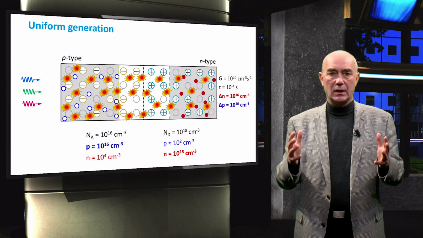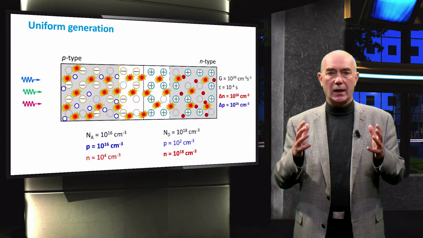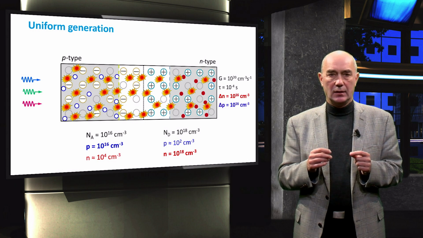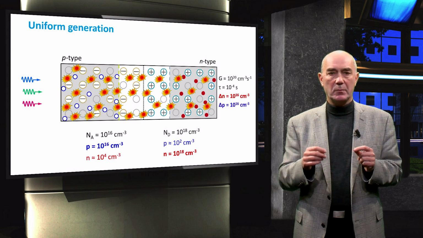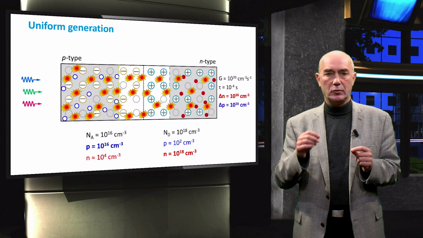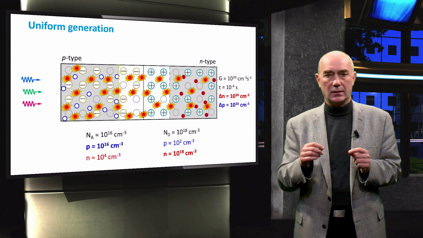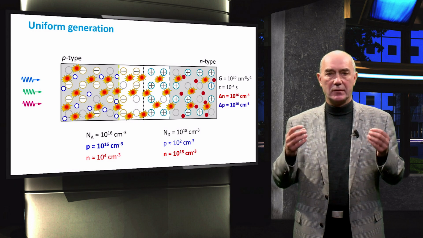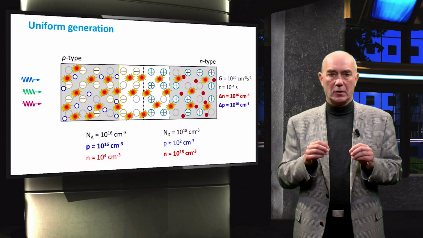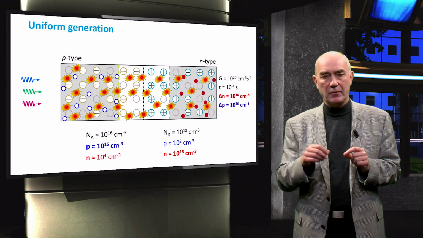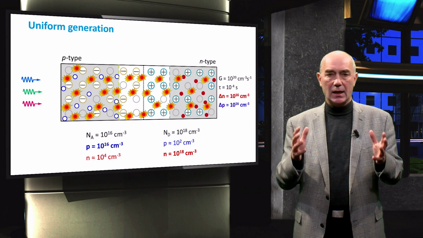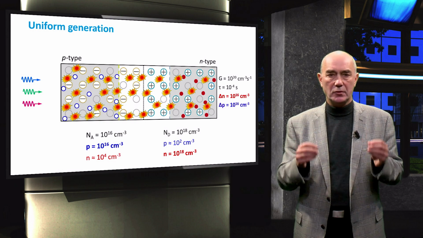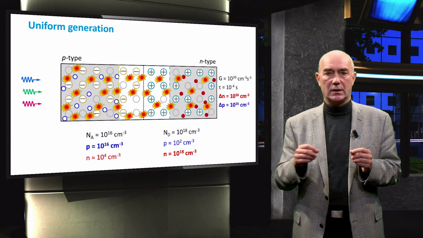We assume that we have a material of good electronic quality. This is reflected by the lifetime of the charge carriers equal to 0.1 milliseconds. We assume that electrons and holes have the same lifetime. From the generation rate and the lifetime of the carriers, we can calculate the concentration of photogenerated electrons and holes.